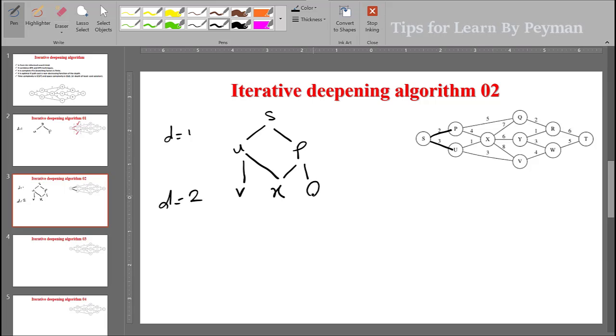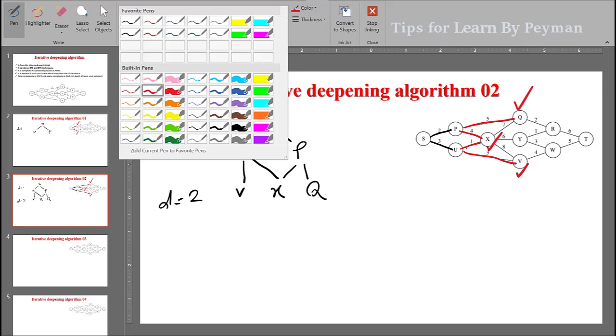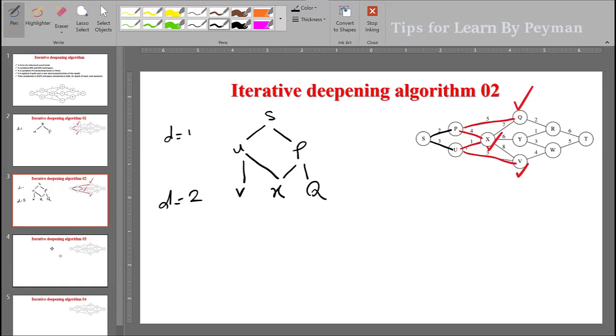So I write it down like this. So in the second level, we open the V, X from the U and P, and then Q. It would be like this. So we do not get to the solution in the second level.